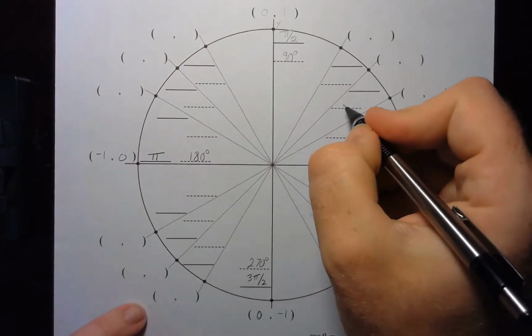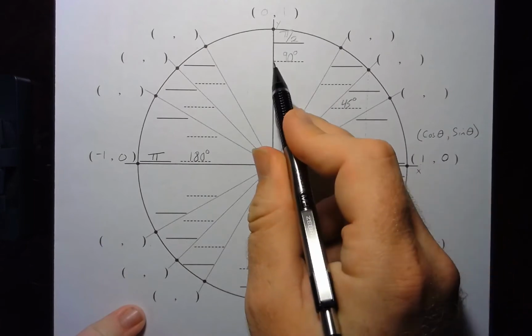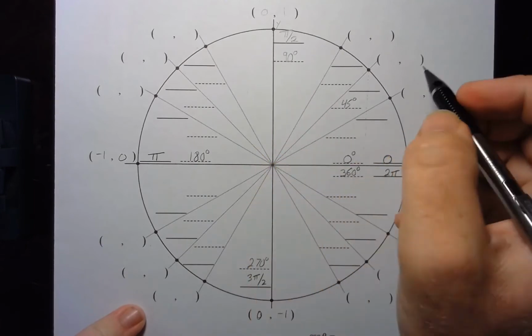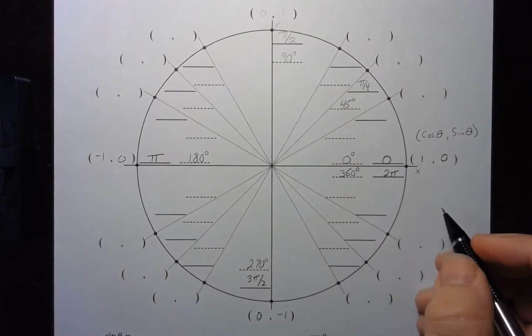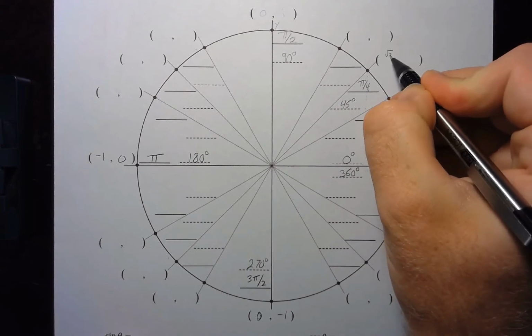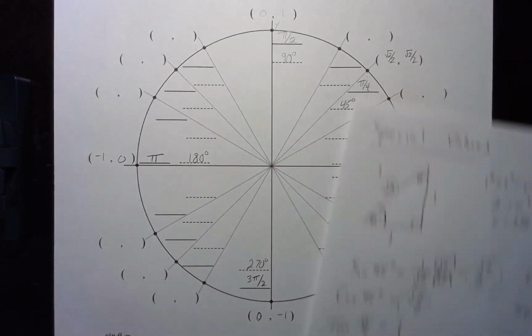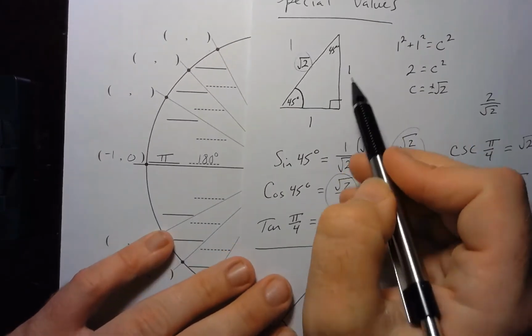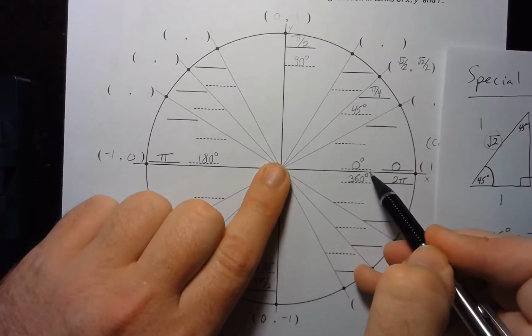So if this right here is supposed to be 45 degrees, which should make sense given that it's halfway between 0 and 90, that means that this is going to be pi over 4, because pi over 4 correlates to 45 degrees. And my cosine value, coming first, is radical 2 over 2, sine value, coming second, is radical 2 over 2. I'm just superimposing again this 45, 45, 90 special triangle into that location.